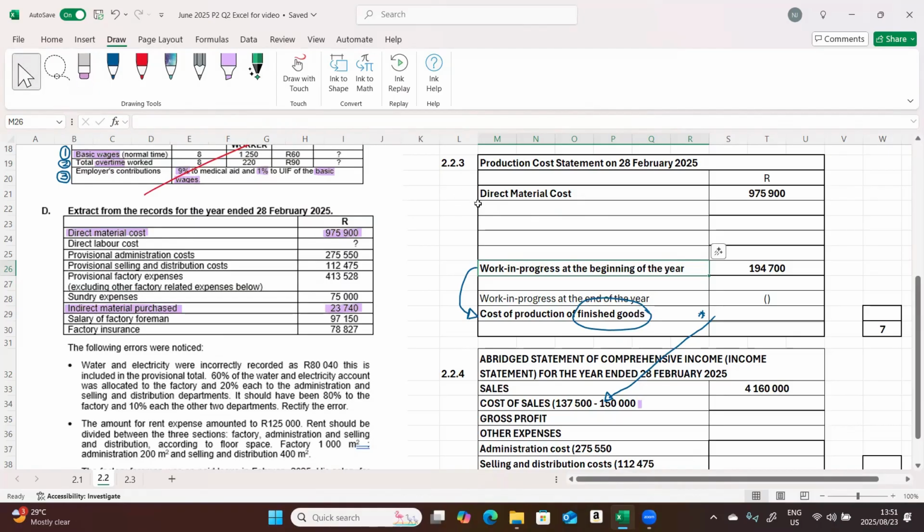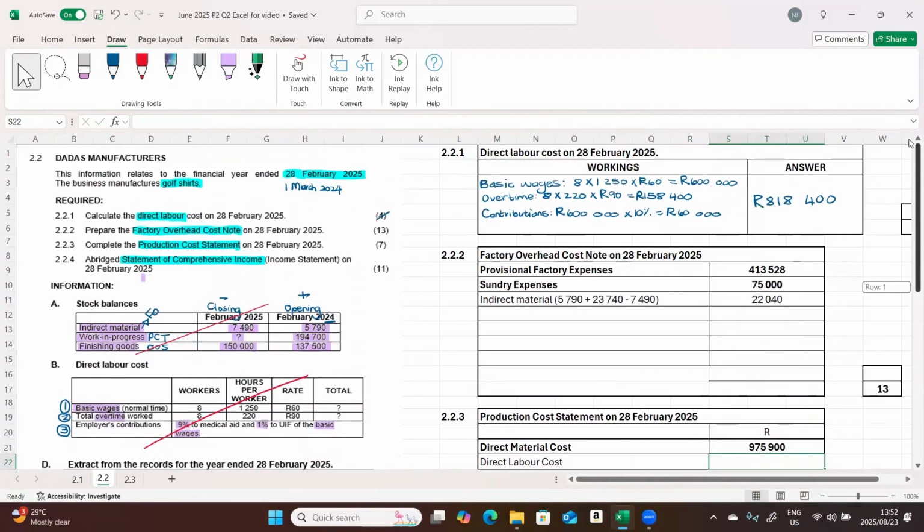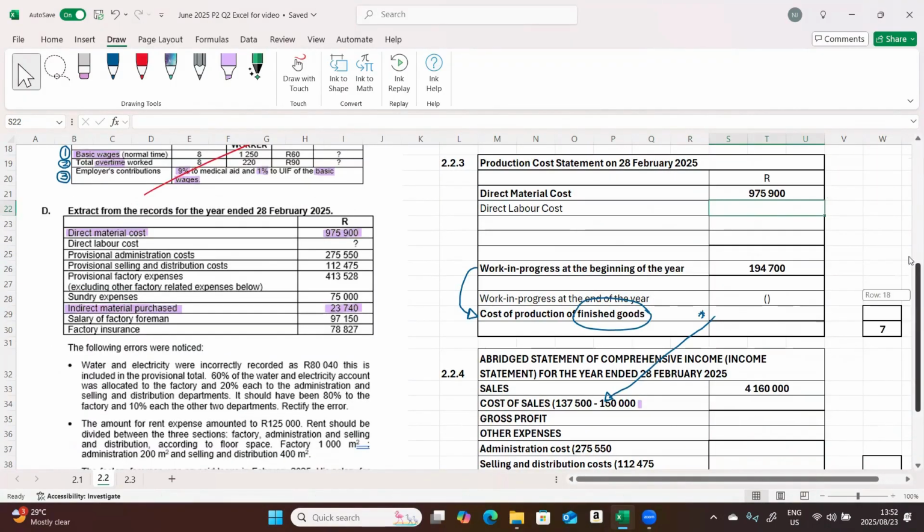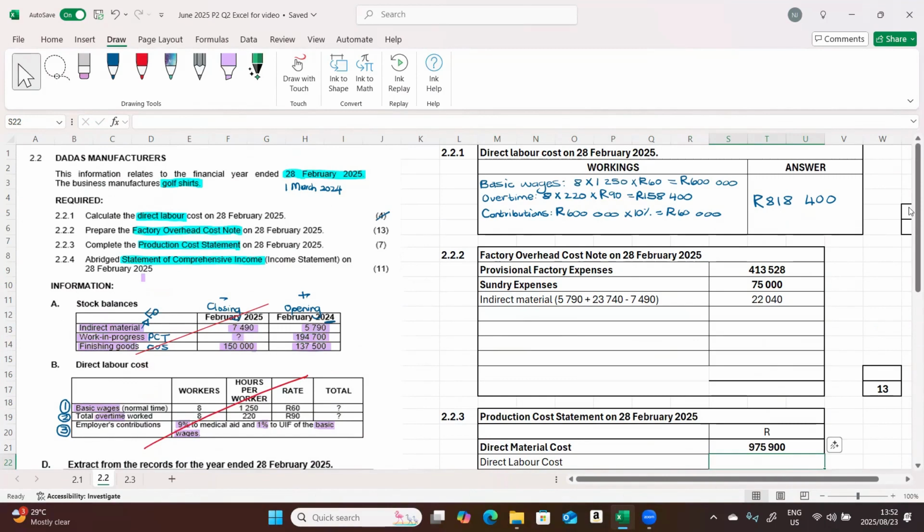So let's type. We know that we have to write there direct labor cost. Where does this cost come from? It comes from 2.2.1, which is 818,400.